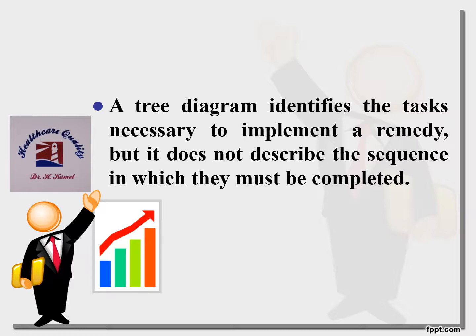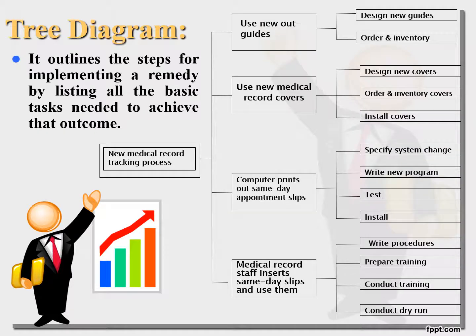A tree diagram identifies the tasks necessary to implement a remedy, but it doesn't describe the sequence in which they must be completed. This is an example of a tree diagram that outlines the steps for implementing a remedy by listing all the basic tasks needed to achieve that outcome.